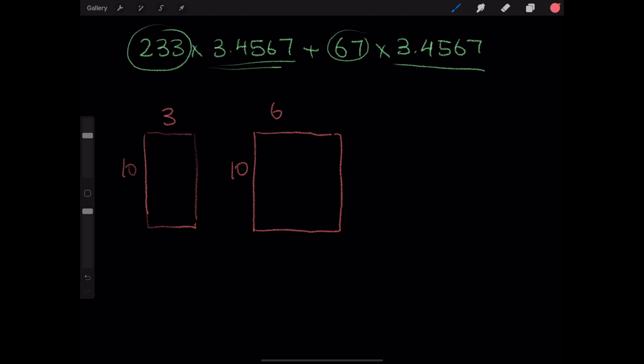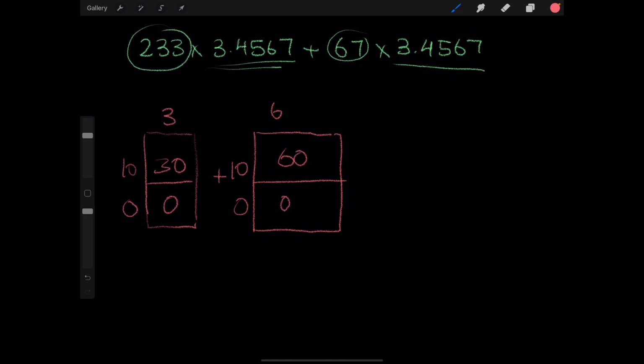Well, if it's the area model, there would be a 0 here. Oh, I see. So you're thinking of the 10 as being 1 ten and 0 ones. Yes. And so 3 times 10 is 30, and 0 times 3 is 0. And 6 times 10 is 60, and 0 times 6 is 0.